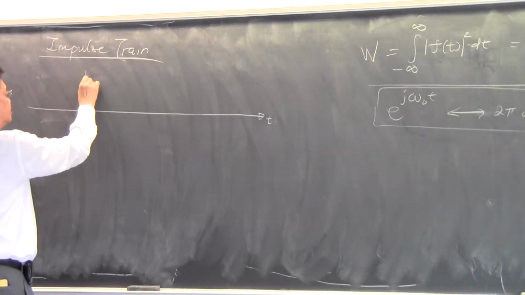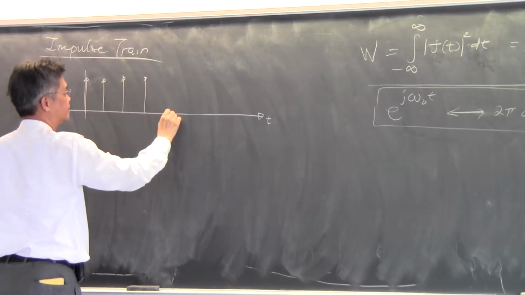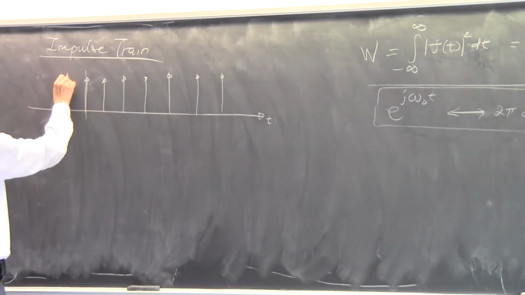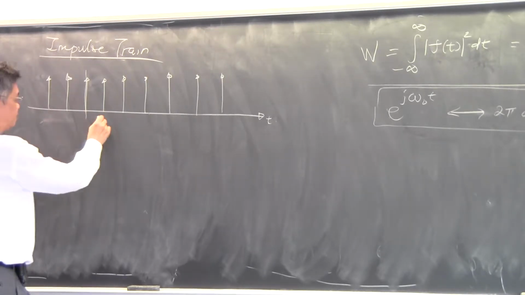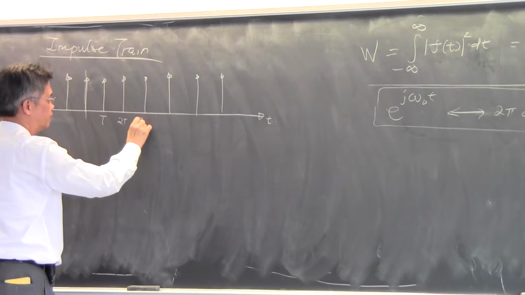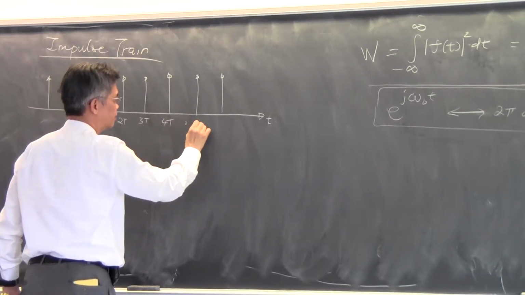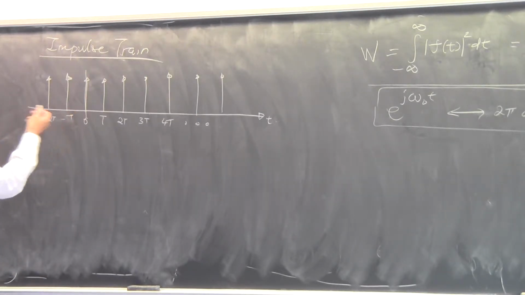You have an impulse at the origin, and you have many of them, but this is in the time domain. And let these impulses be spaced capital T apart: T, 2T, 3T, 0, 4T, and so on, and minus T, minus 2T, and so on.